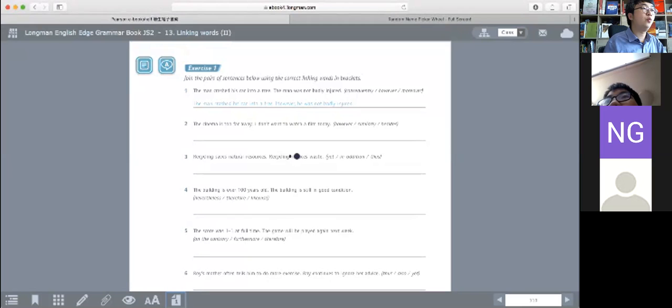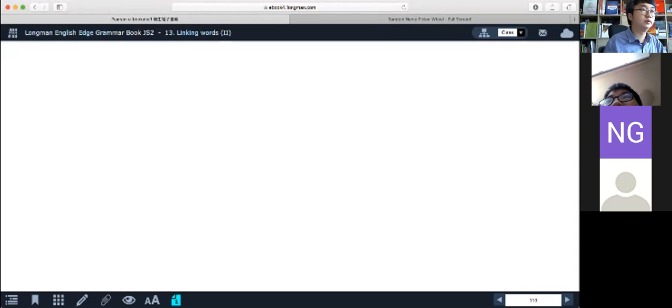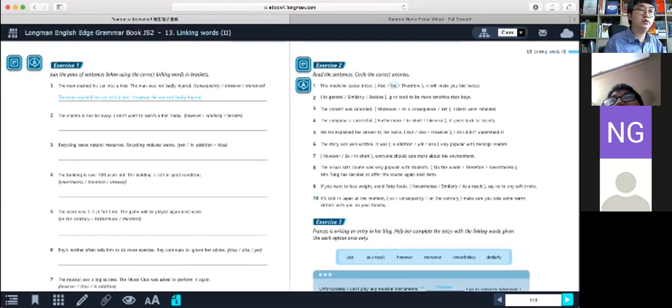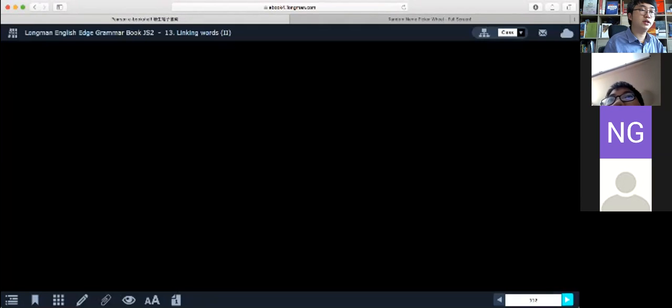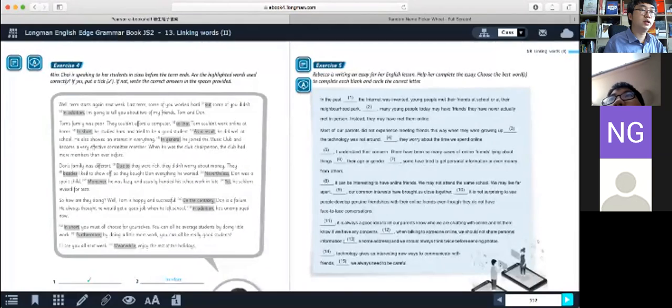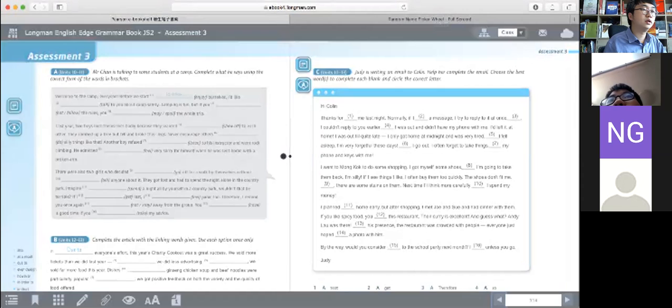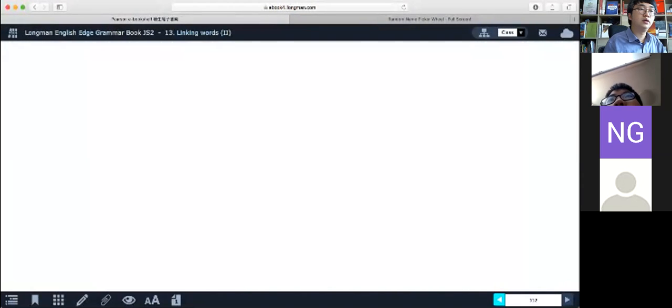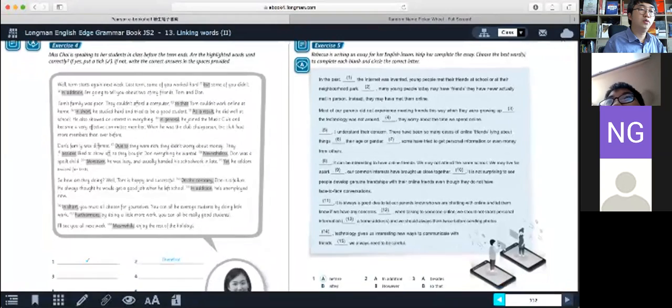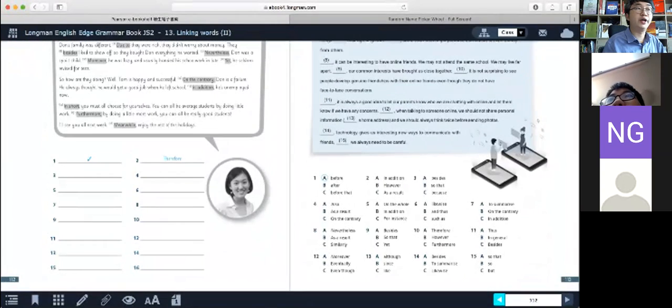Page 110 to 113. Okay, I will type it in the chat room. Grammar book, page 110 to 113. So this will be your homework this week.